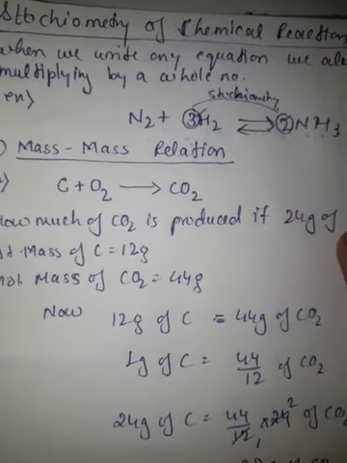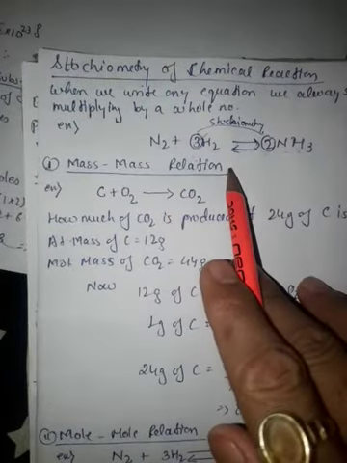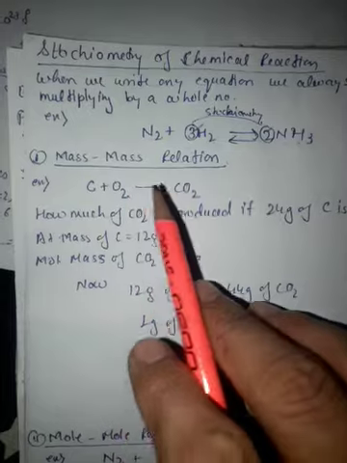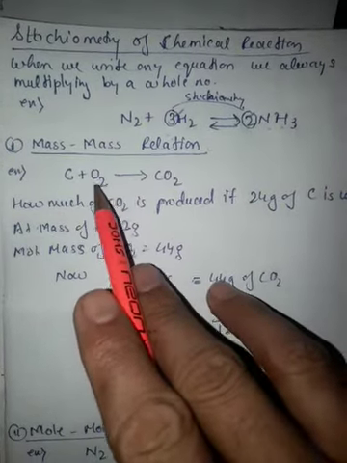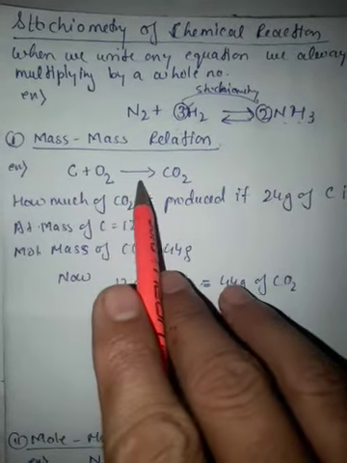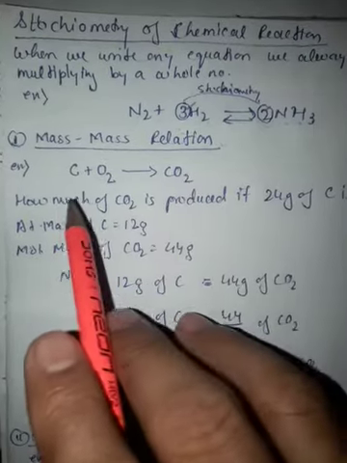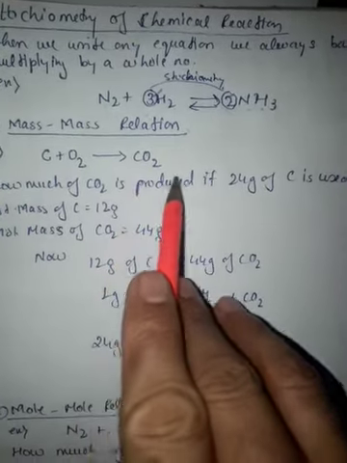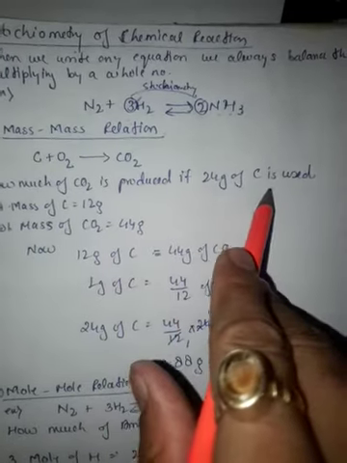The first relation is the mass relation, when the terms are given in terms of mass. The question is: carbon reacts with oxygen, it gives CO2. The question asked is how much carbon dioxide is produced if 24 gram of carbon is used.